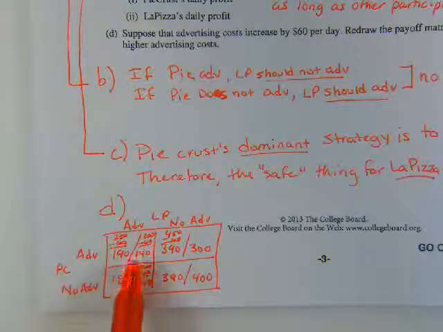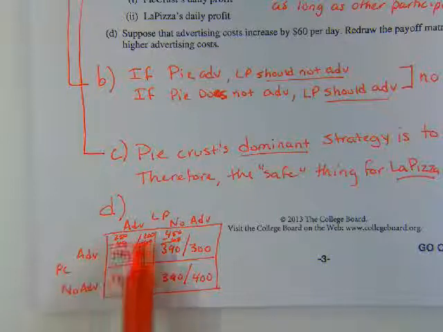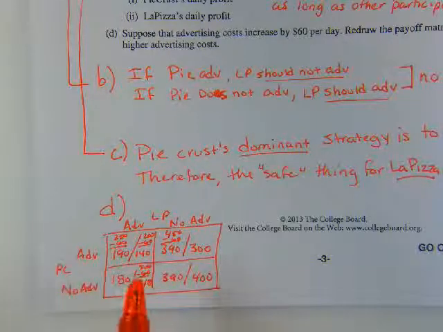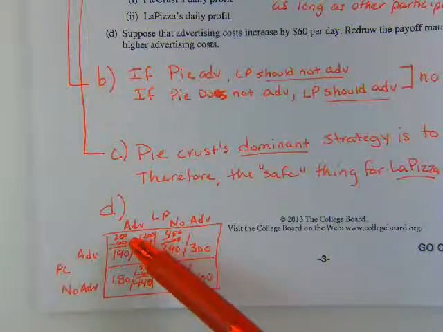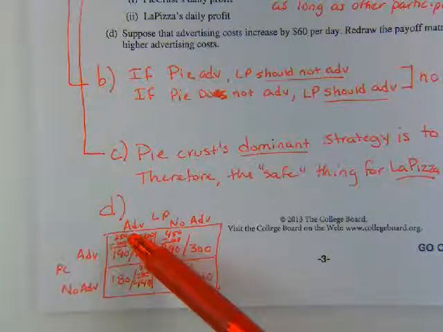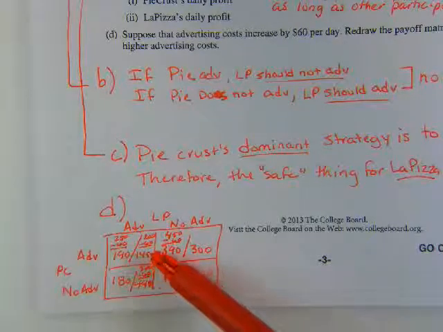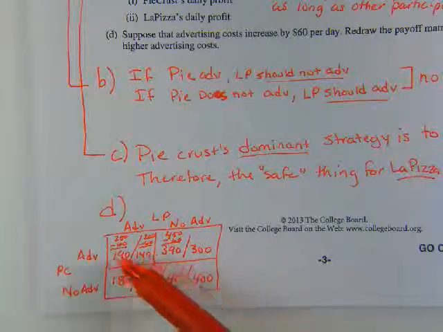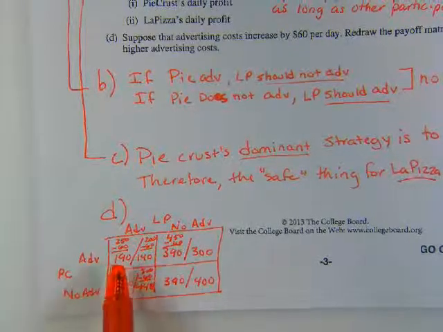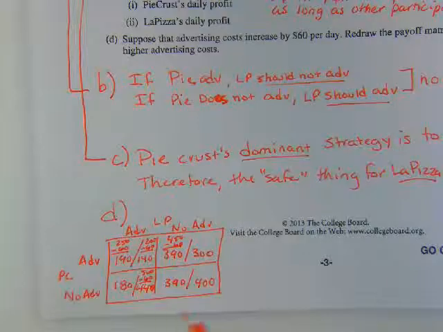In the first scenario, both firms are advertising. If both firms have to spend an extra $60 a day on advertising, that reduces their daily profit by $60. So we deduct, and the payoff would be $190 and $140.